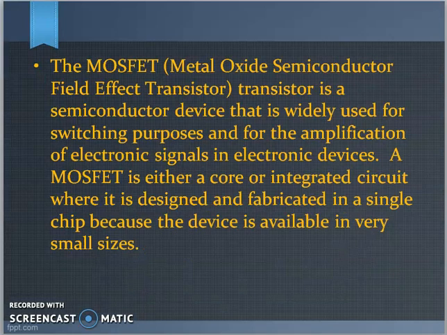It is a semiconductor device which is widely used for switching purposes and for the amplification of electronic signals in electronic devices. A MOSFET is either a core or integrated circuit where it is designed and fabricated in a single chip because the device is available in very small sizes.